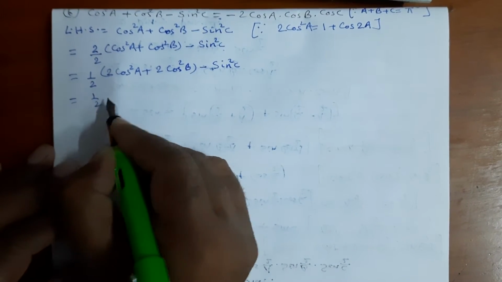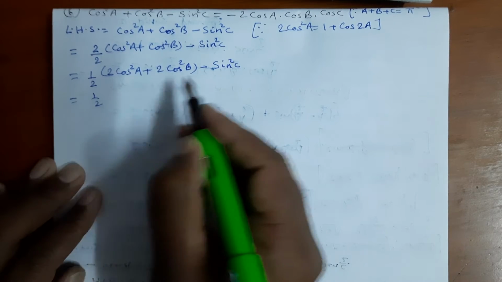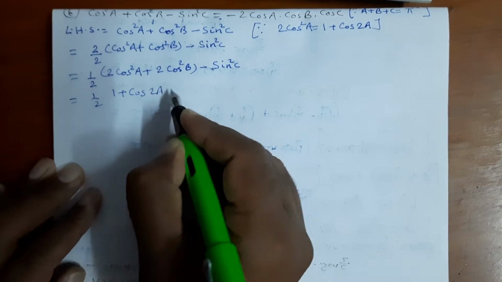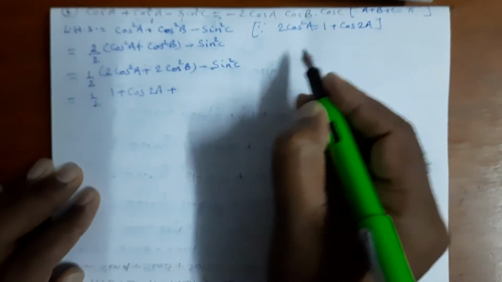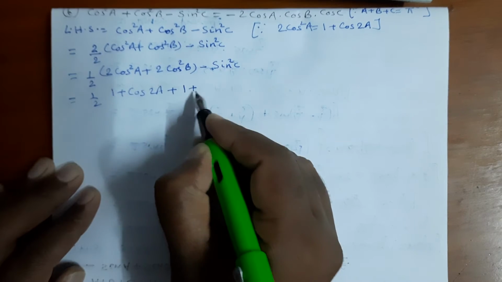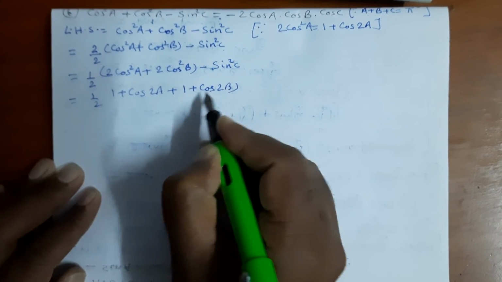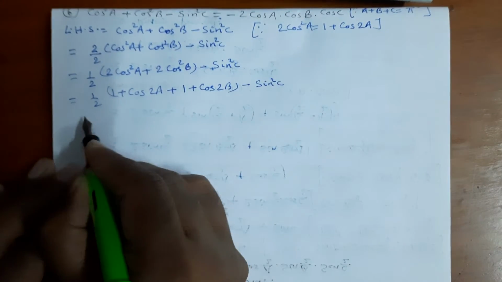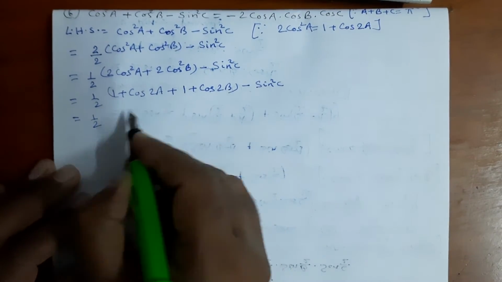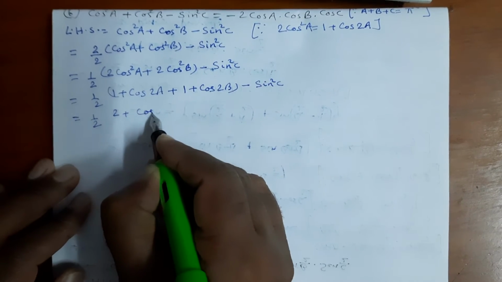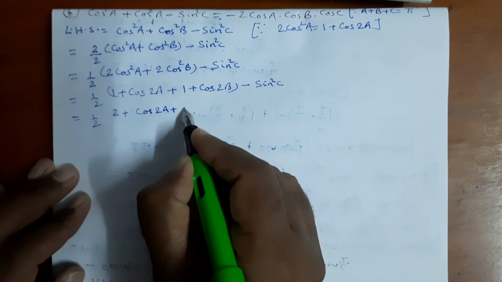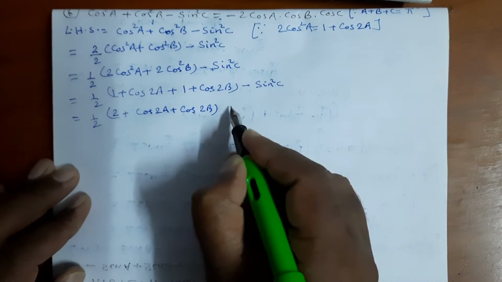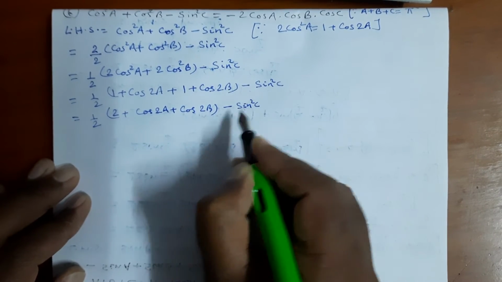Using 2 cos square a equals 1 plus cos 2a, and similarly 2 cos square b equals 1 plus cos 2b, we get 1 over 2 times 2 plus cos 2a plus cos 2b, minus sin square c.